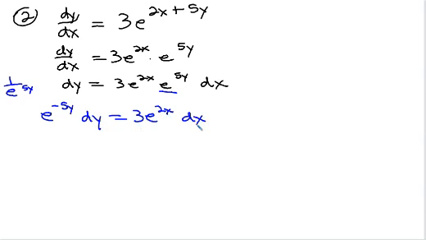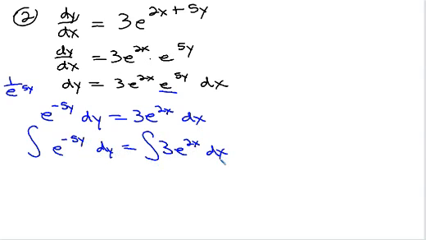Our integration here on both sides involves a substitution. We're going to need to integrate both sides, this side and this side. So on the left-hand side, I would let u equal -5y, so my du is -5 dy.